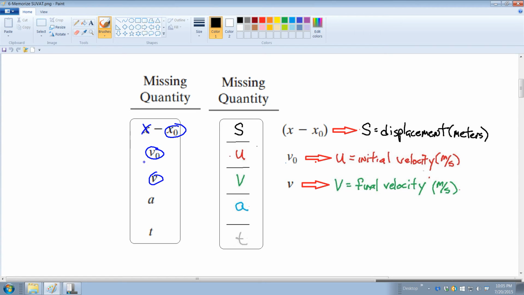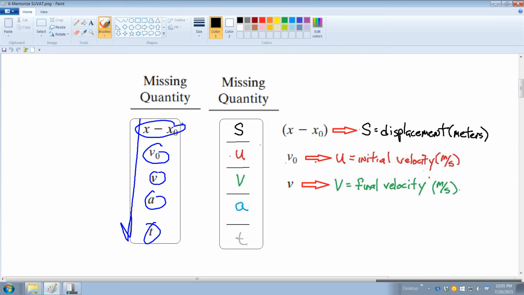You've got two things that have the same letter, and if you forget to put the sub naught in there, you don't know if you've got initial position or final position, or initial velocity or final velocity. The other thing is, notice that when you look at this vertically, it doesn't spell anything. There's no way it spells anything, and that's going to come in handy, and you'll understand why in a couple minutes.